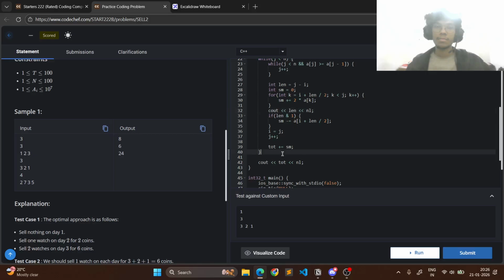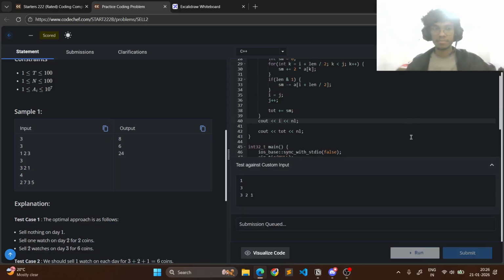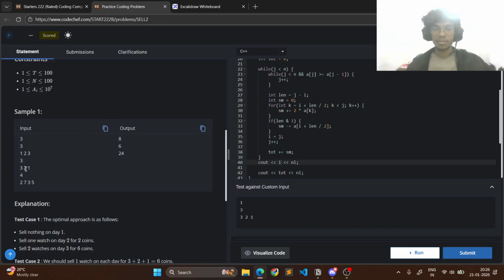def let's just print I over here. What is I? It should be 2, I guess. Yeah, so this satisfies. Last one I need to handle.